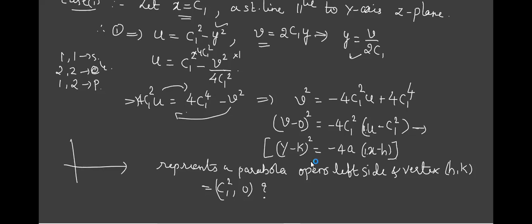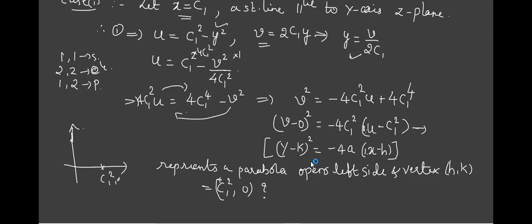On the u axis, the positive u axis, because its v coordinate is 0. V coordinate is 0 means it is on the u axis, and the u coordinate is positive, so somewhere here.